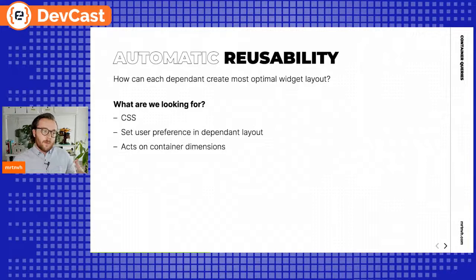So only our dependent application has to do something, without our widget knowing what it does, or without the dashboard knowing anything about the widget. And it has to act on the container sizes within the widget.